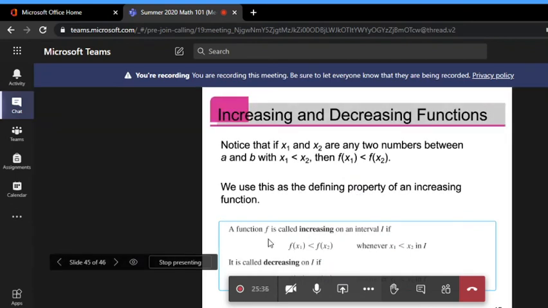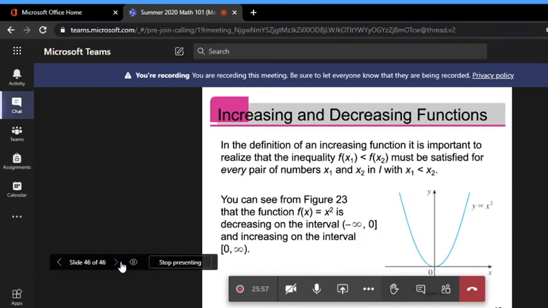This is the formal way of saying it. Whenever x1 is less than x2, f of x1 is less than f of x2. This is increasing. However the x's behave, the f of x's also behave the same. So this is increasing. And if it is opposite, then we call it decreasing.